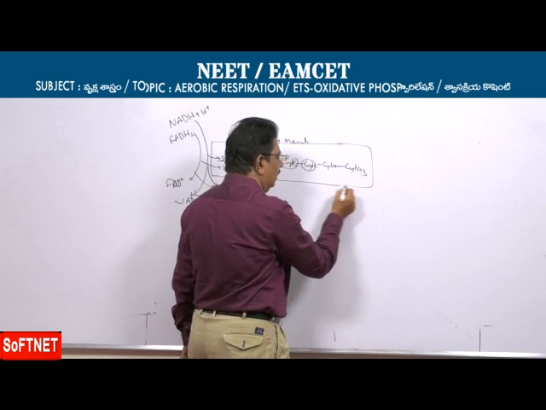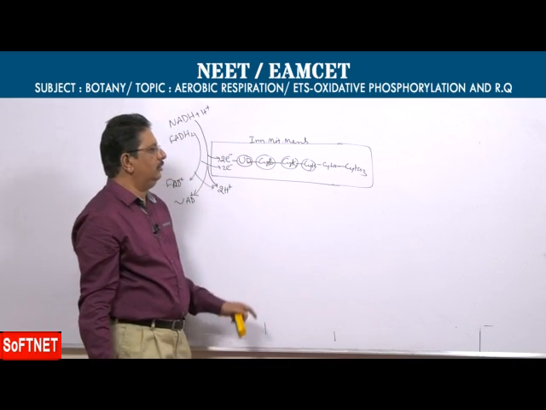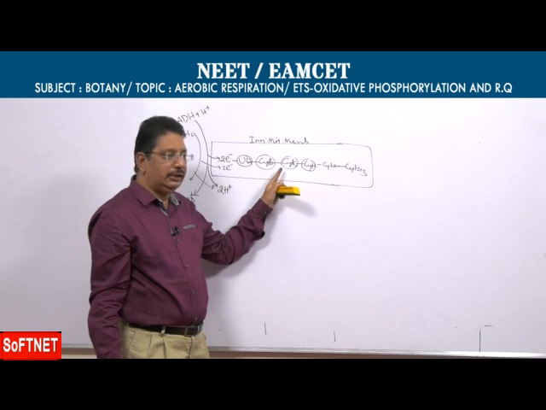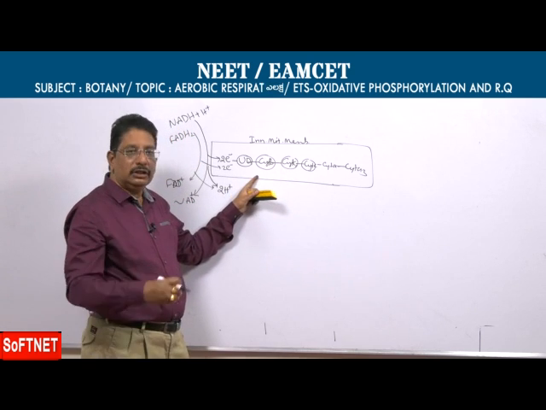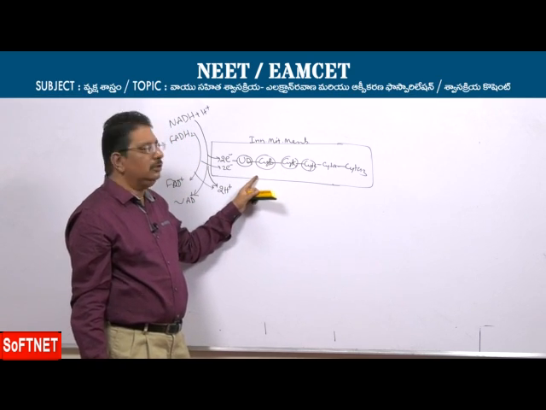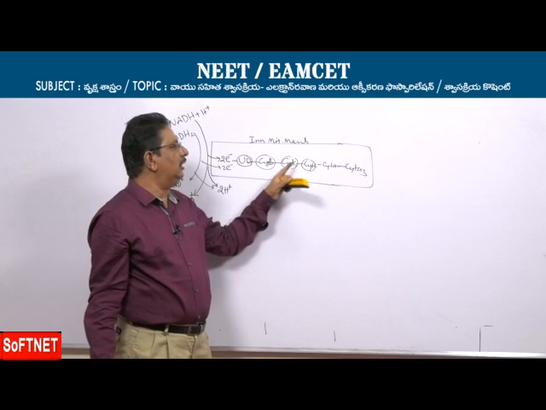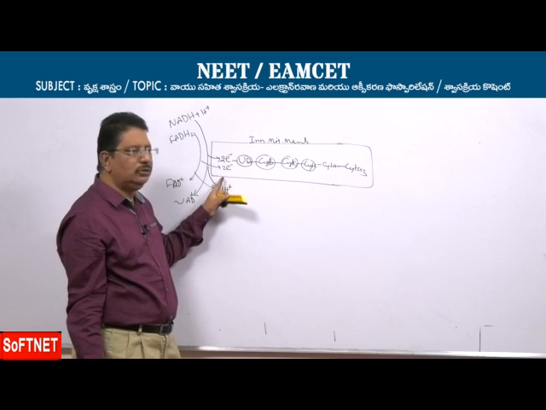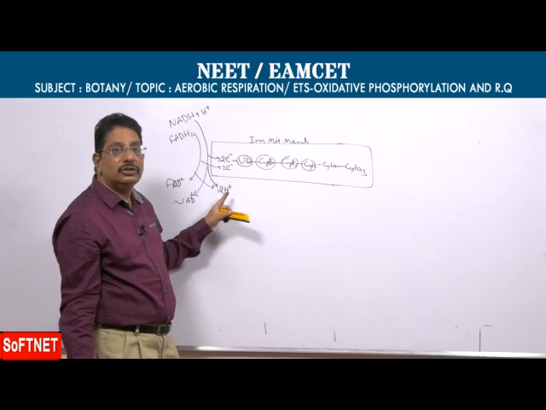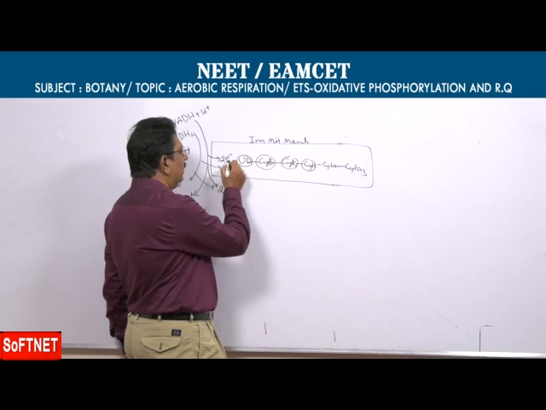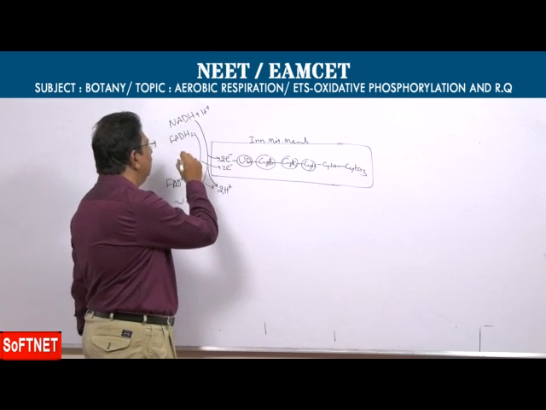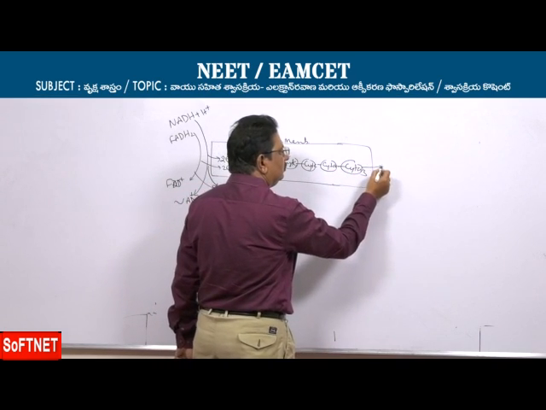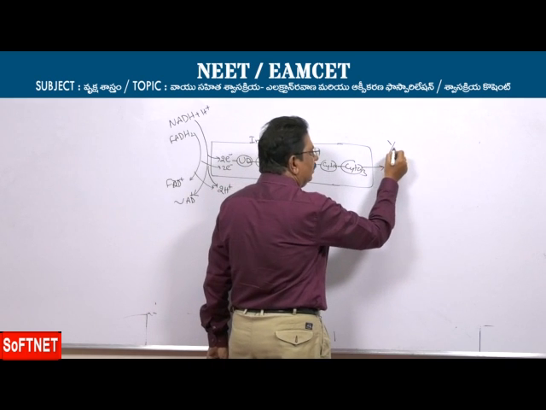These are iron containing organic compounds which act as electron carriers, and they undergo a series of electron acceptance and electron loss, that is, reduction and oxidation. So, through a series of oxido-reduction reactions, the electrons of NADH or FADH2 finally transfer to an oxygen atom.